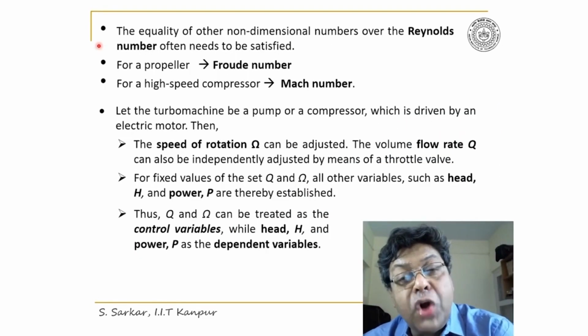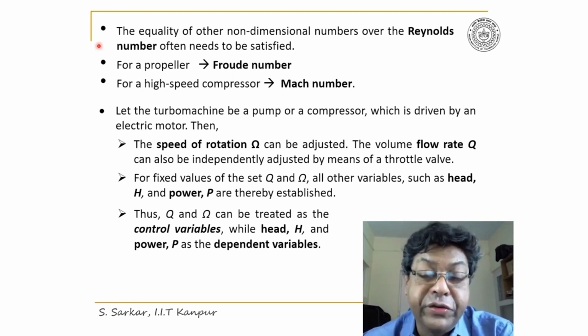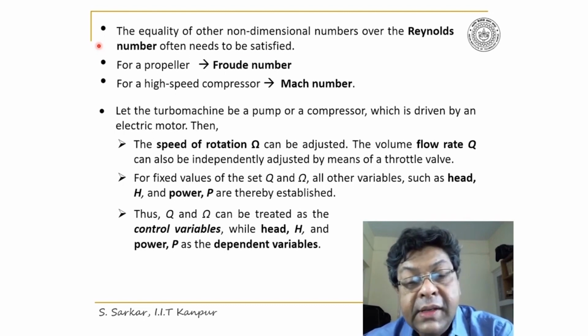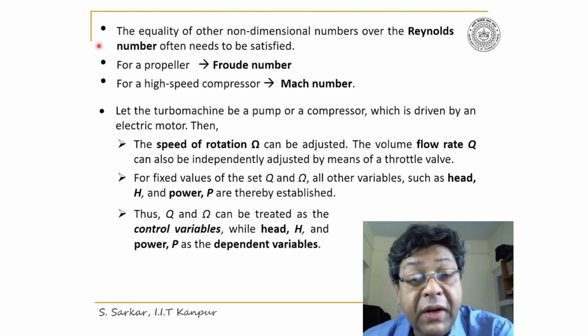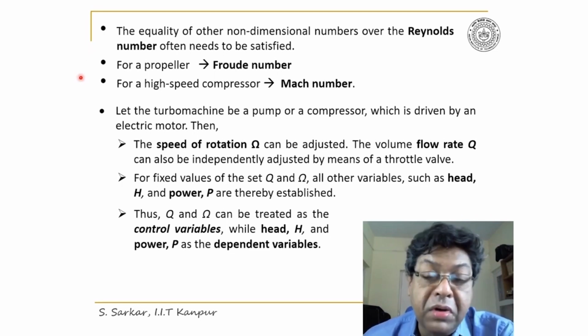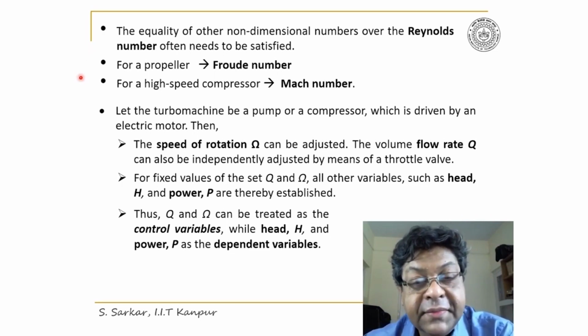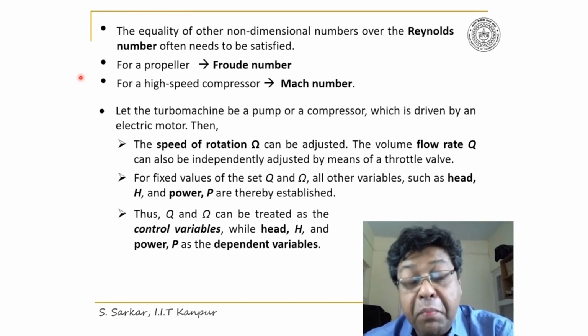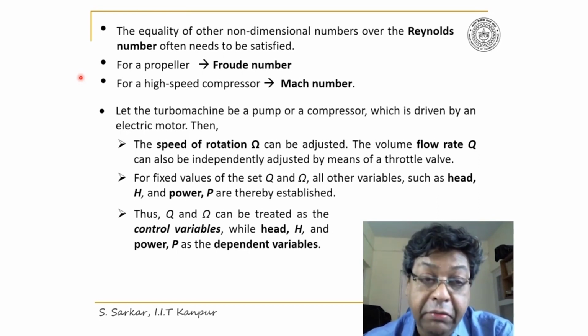Equality of other non-dimensional numbers besides the Reynolds number often needs to be satisfied between two machines. Suppose for a propeller, Froude number has to be equal. For high-speed compressors, Mach number needs to be equal.